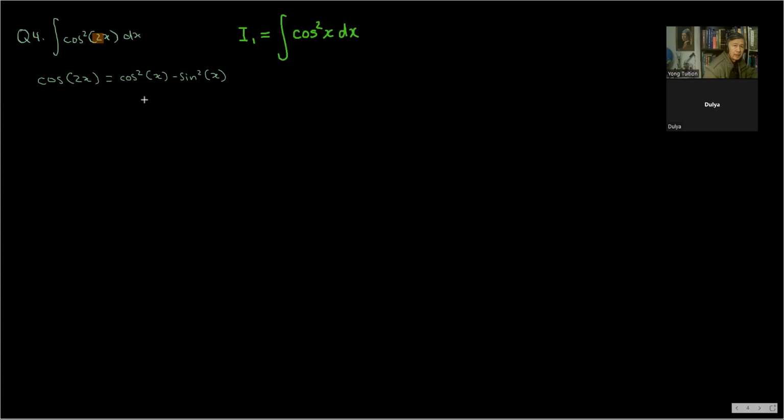If you use this formula, we can get rid of the sine. You can continue by rewriting the sine square in terms of cosine square.